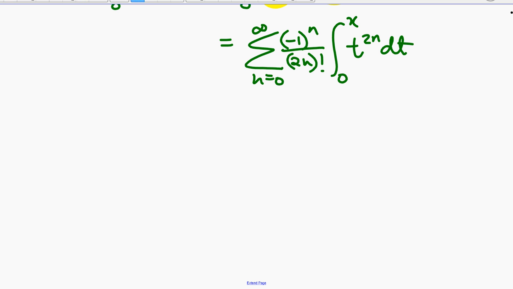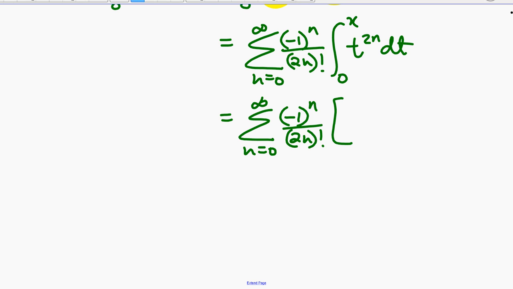And then we can just go ahead and integrate that, which will be equal to the sum from n equals 0 to infinity, negative 1 to the power n over 2n factorial, times t to the power 2n plus 1 over 2n plus 1, evaluated from 0 to x.